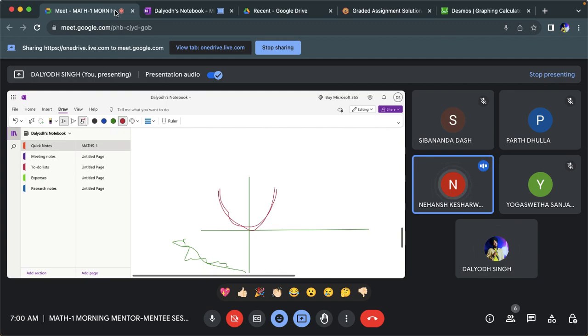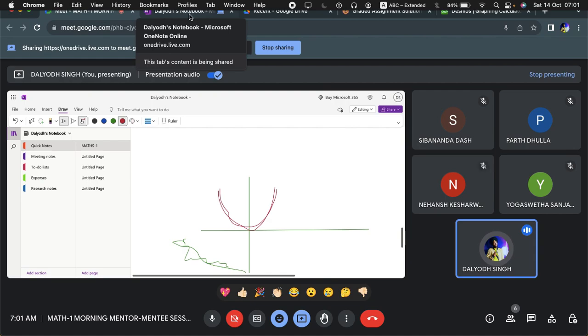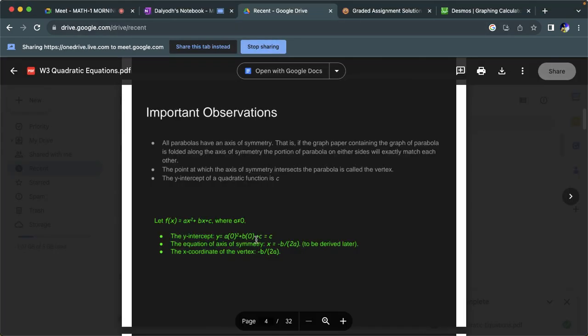From that line, we can form a mirror image on both sides. It also has a vertex of the parabola, which is a point by which we can draw the graph after getting the coordinates of the x and y axes. The vertex of a parabola is the point at which the axis of symmetry intersects the parabola.